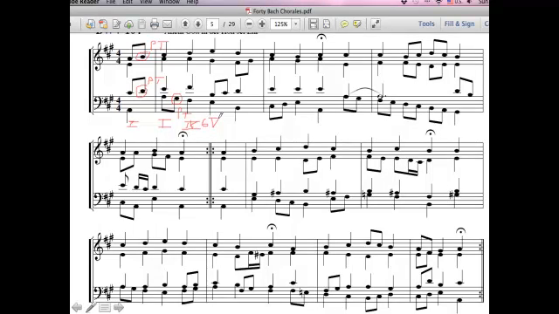Normally the 5 should resolve to either 1 or 6. So after the 5, the assumption is that I'm going to be followed by either an A major chord or an F sharp minor chord, because in A major, 1 is an A major chord and the 6 is an F sharp minor chord.